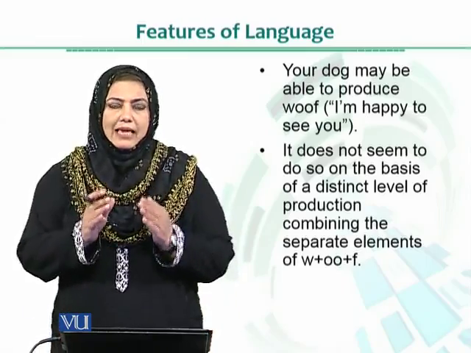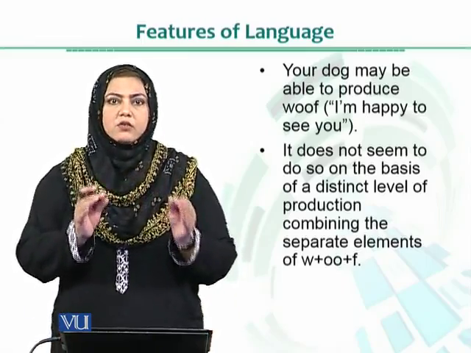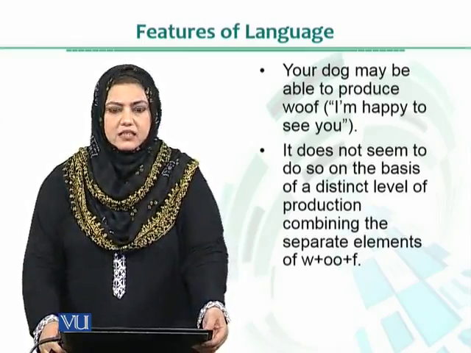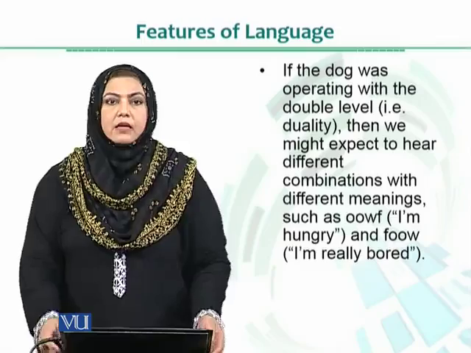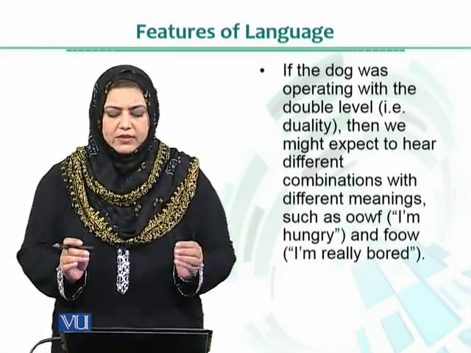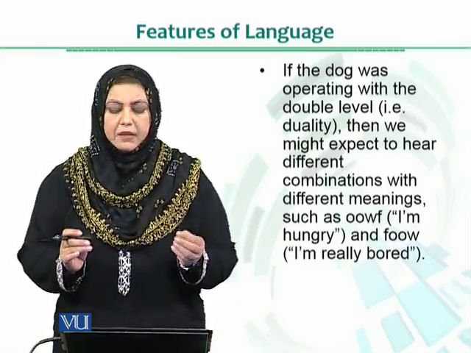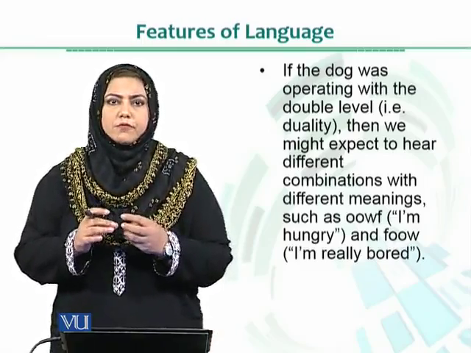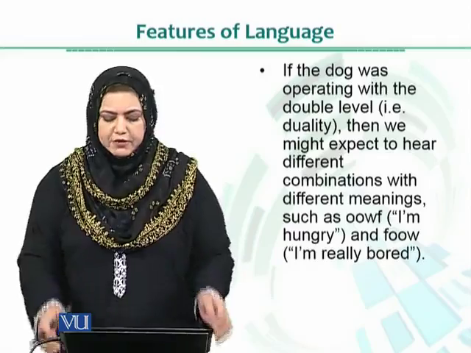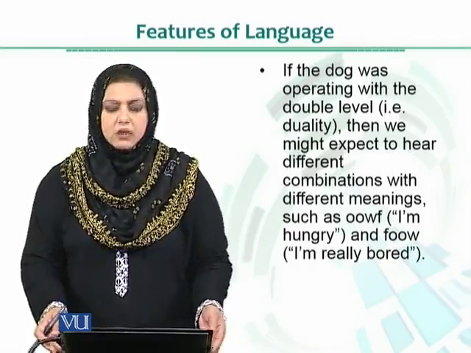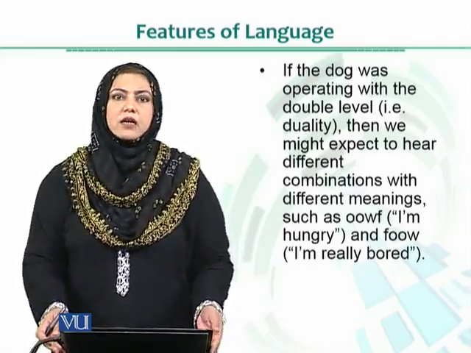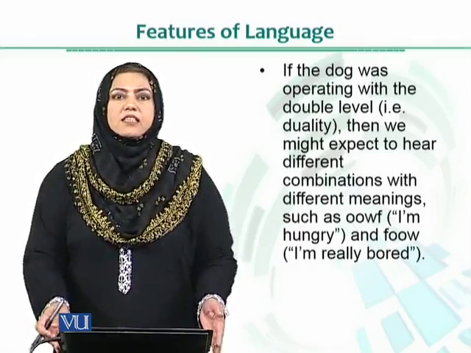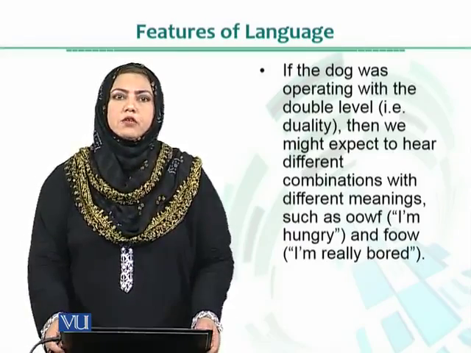But this sound cannot be broken into v, u, f, whereas in human language that is possible. So if the dog were operating with the dual level, the dog should be able to change the sequence of this woof to woof or foof to convey different meanings, for example, I'm hungry or I am really bored, etc. But this is beyond the capacity of animals, and it is only the characteristic of human language.